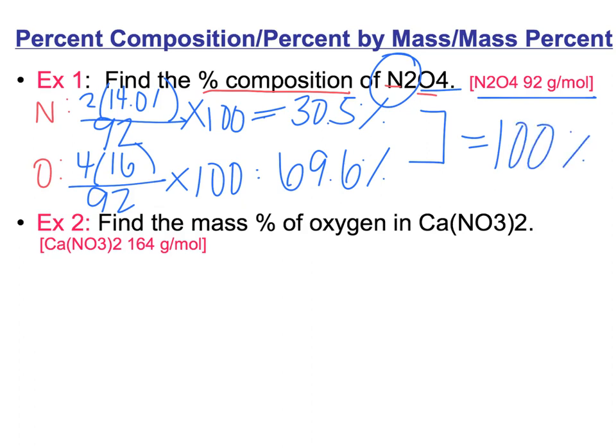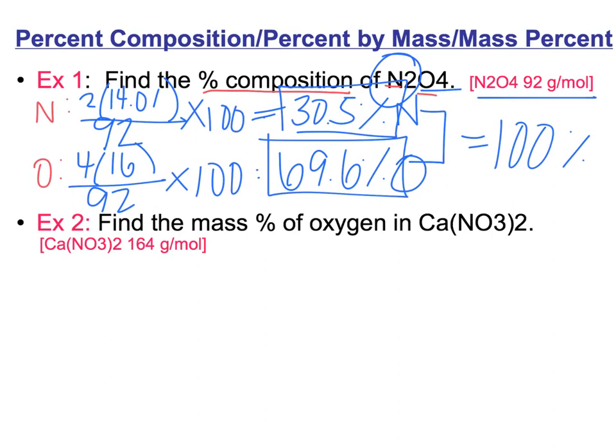Sometimes rounding can make it a little bit different, but these would be your answers. So again, if we look at our final answers, we have 30.5% nitrogen, 69.6% oxygen. That is our percent composition. We found the percent composition of the compound, so we looked at each of the individual elements.